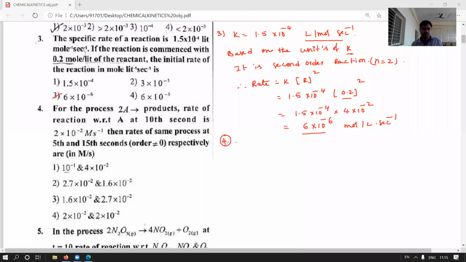The fourth question: for a reaction, the reaction process is 2A converted into products. The rate of reaction with respect to A at 10 seconds is equal to 2 into 10 to the power of minus 2 molar second inverse, means mole per liter second inverse.